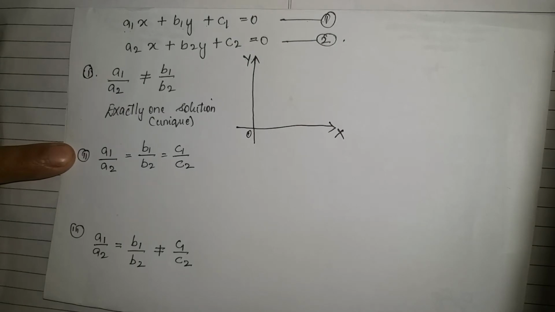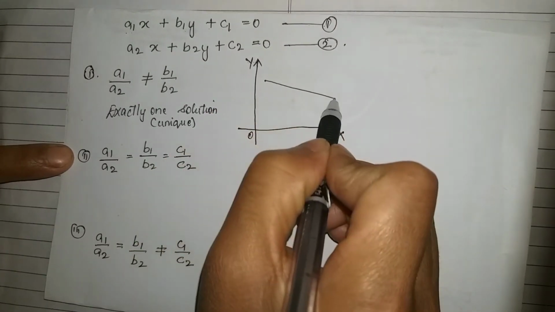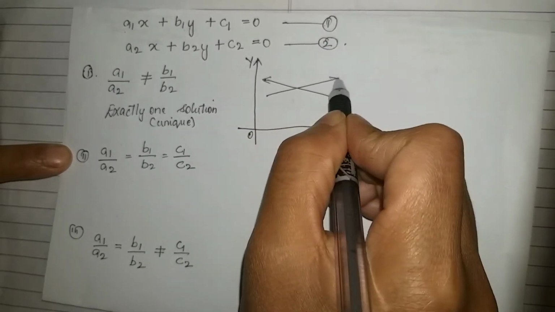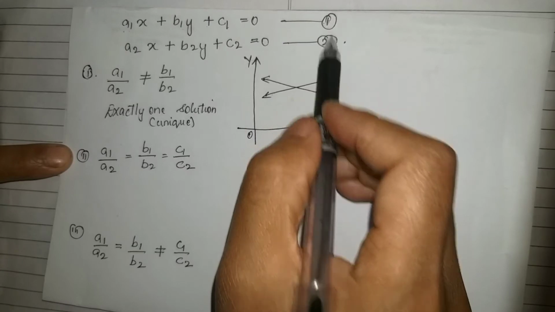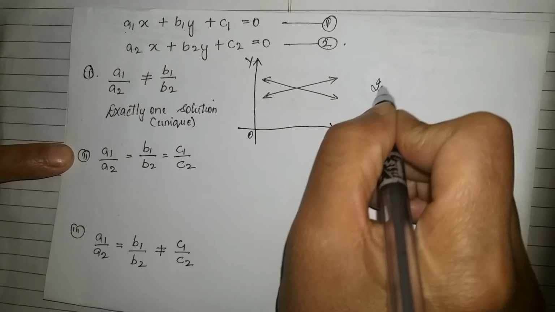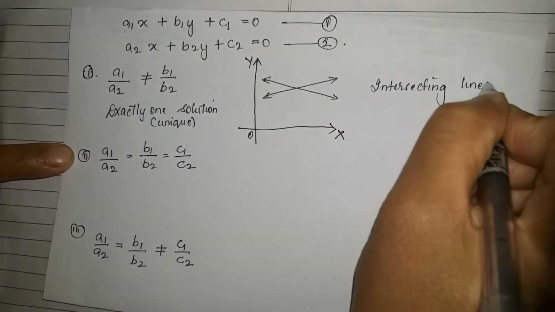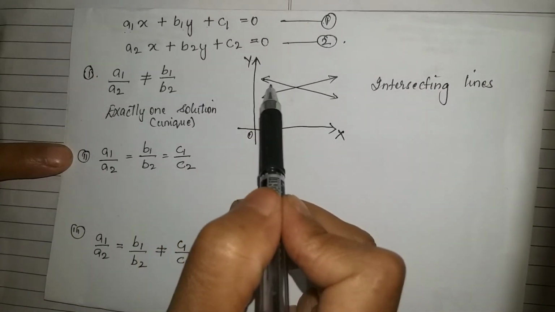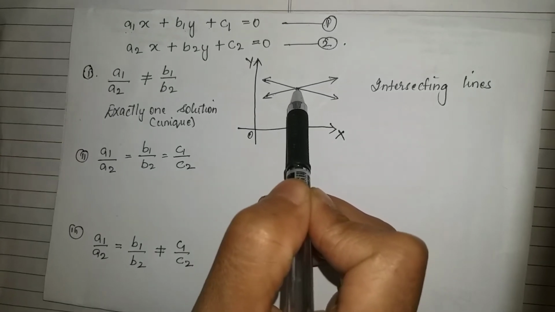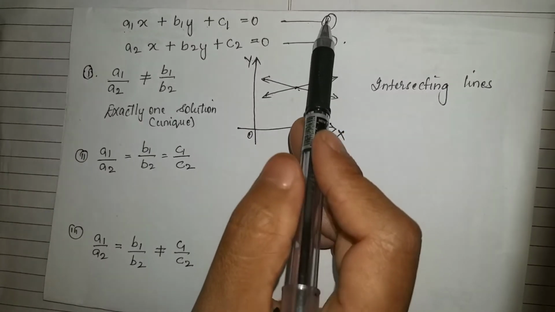Then we'll get two intersecting lines. Suppose this is the graph of the first equation, and this is the graph of the second equation, where we are getting intersecting lines. This point where the two lines meet will be the only solution to this pair of linear equations.